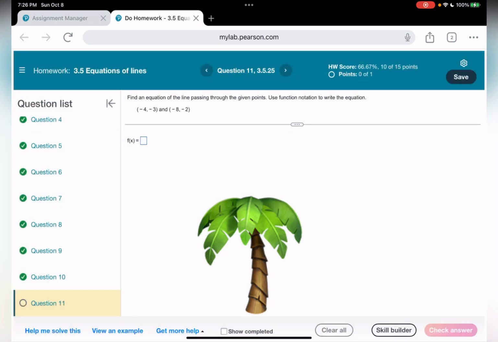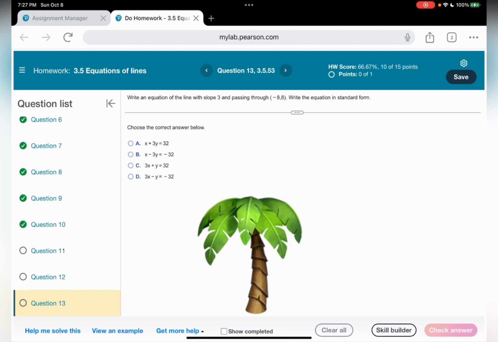Fantastic. Question number 11. I'm not going to solve it again because I already solved several of them. You can do it, right? Based on the previous two problems we solved. Moving to number 12, the same way. 13.